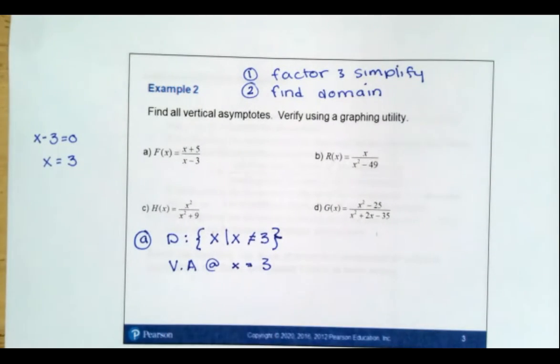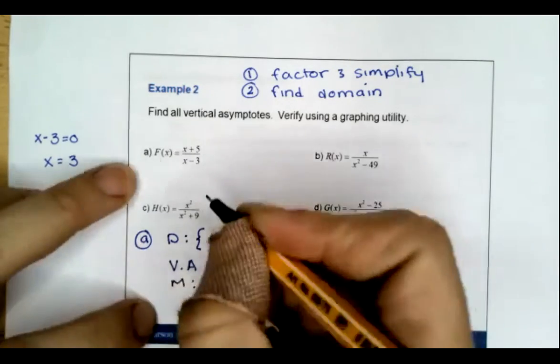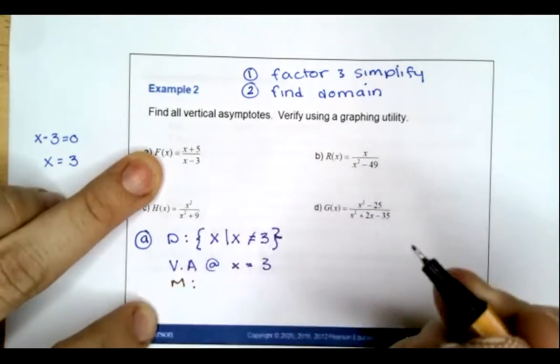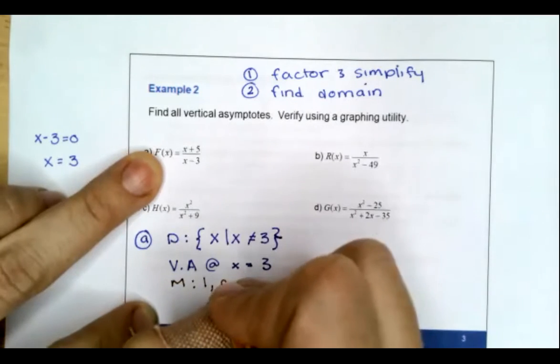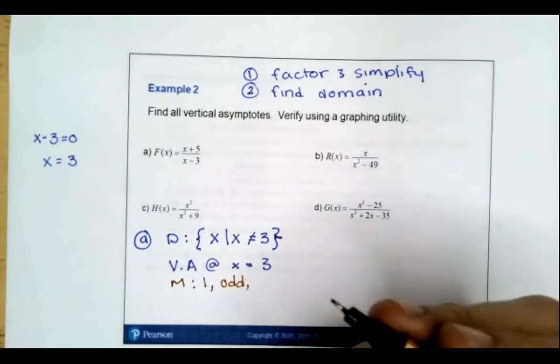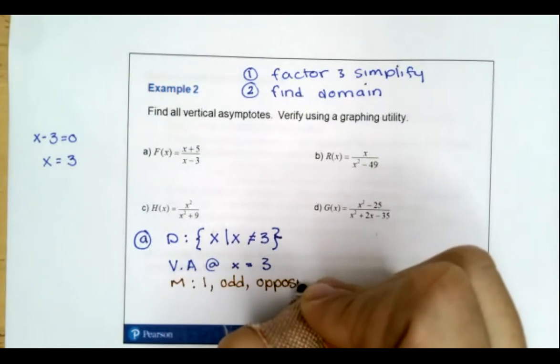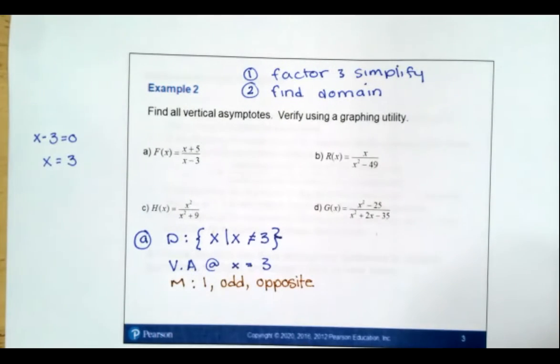Now remember we're looking at the multiplicity. What is the multiplicity of x minus 3? It's a multiplicity of 1. That's an odd multiplicity, which means that they are approaching from opposite directions.